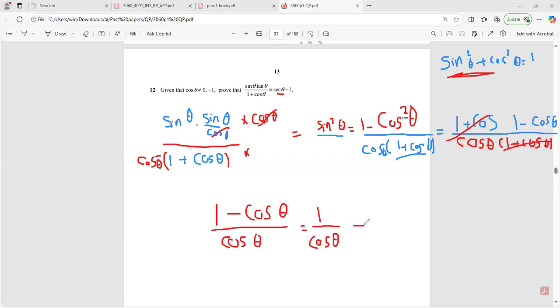Okay, minus cosine theta over cosine theta, which obviously equals 1, and this is secant theta minus 1, and we did it. We proved that this equals secant minus 1. Let's see the next.